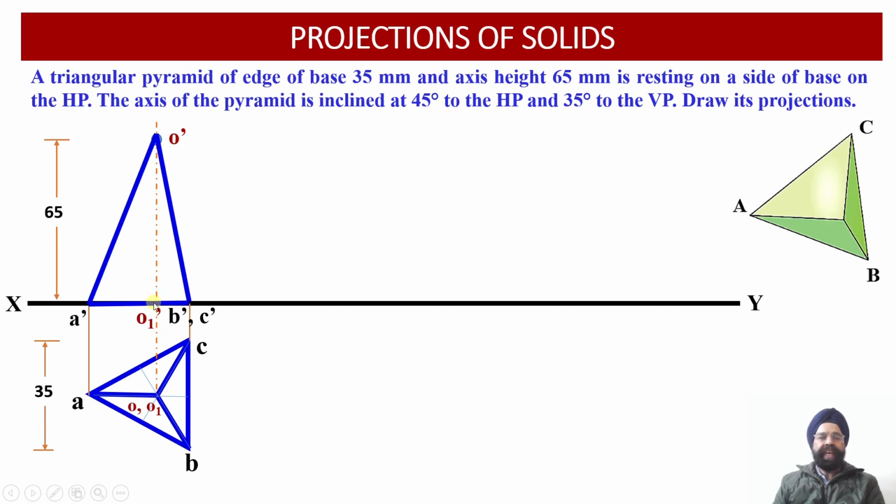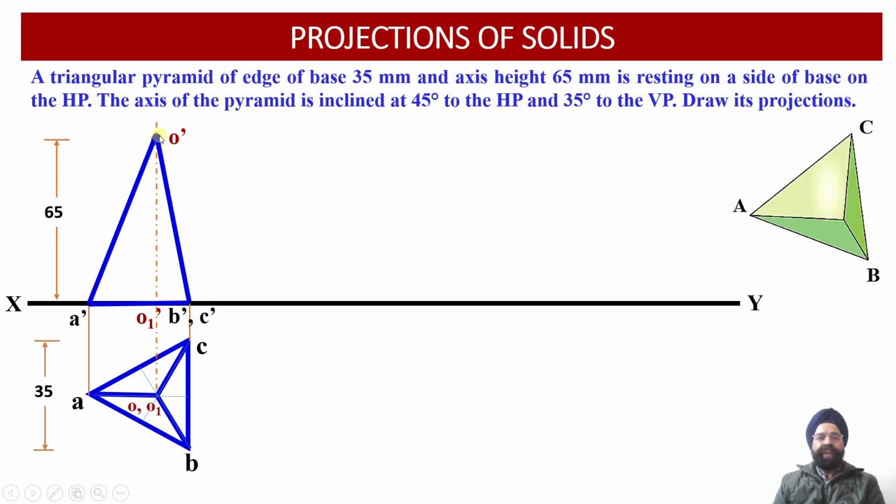If the axis of the solid is inclined at 45 degree with respect to the horizontal plane, the base of this triangular pyramid will be inclined at an angle of 90 degree minus 45 degree with respect to the horizontal plane.